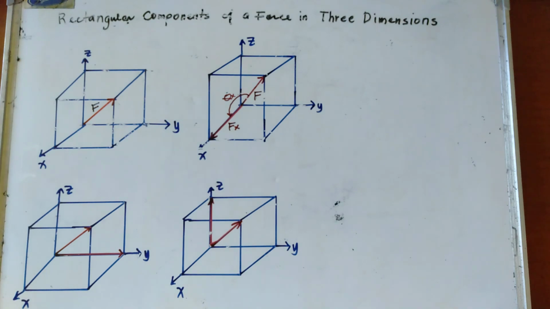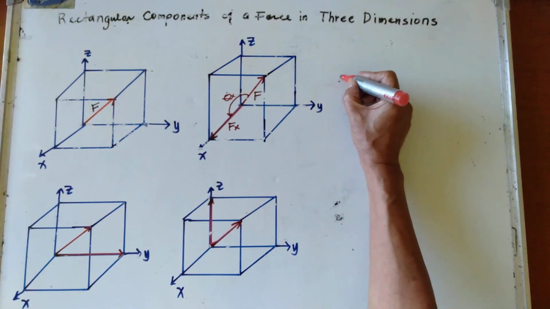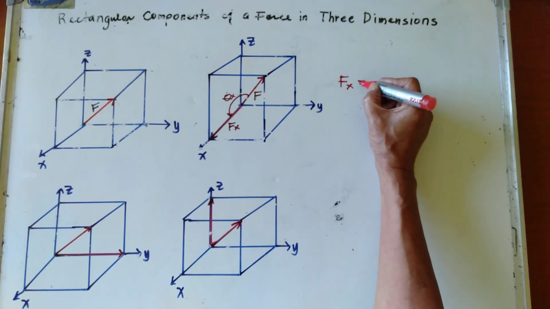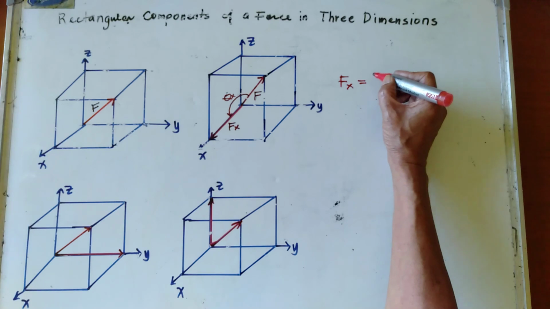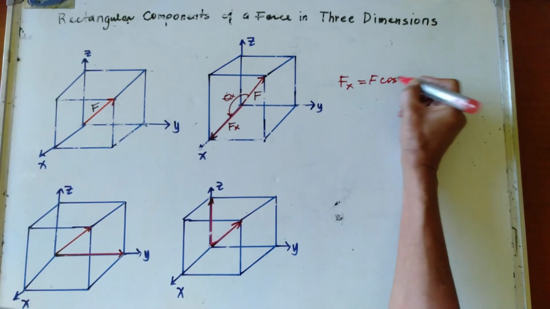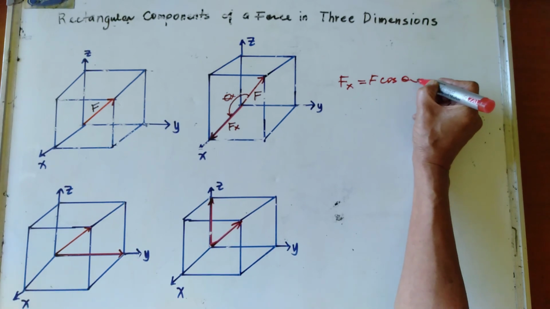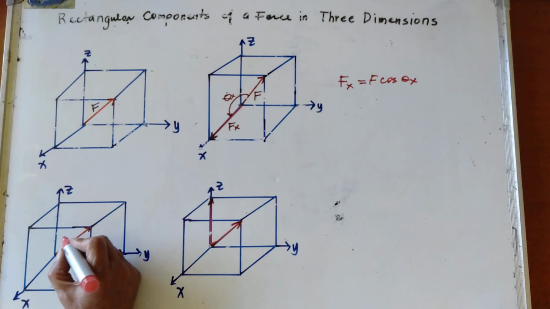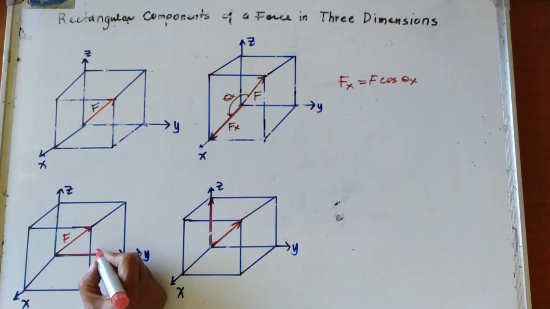Therefore, the rectangular component of that vector in the x-axis is equal to F multiplied by cosine of theta x.